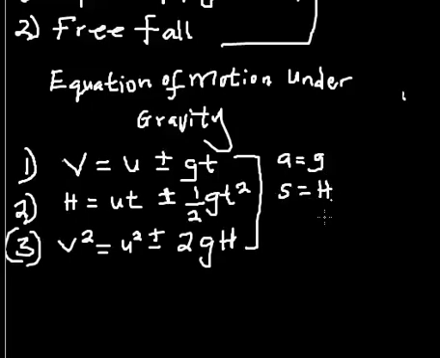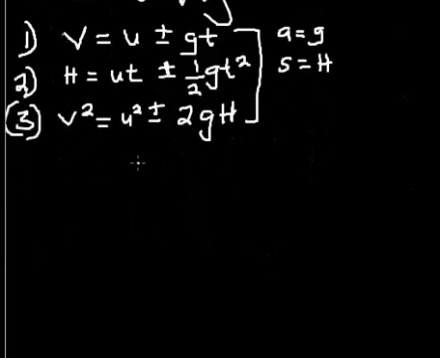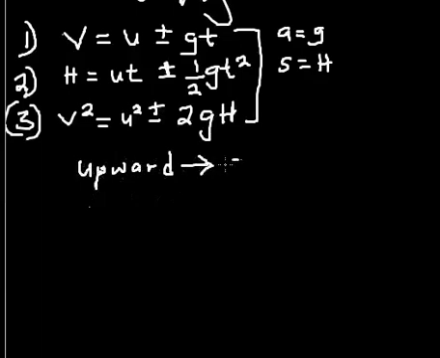So please take note. And the question is, when do we use plus? We use plus or minus depending on the direction of the motion. When an object is going upward, it's going against gravity. Upward is always against gravity.